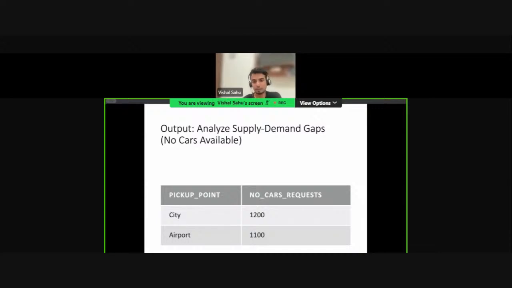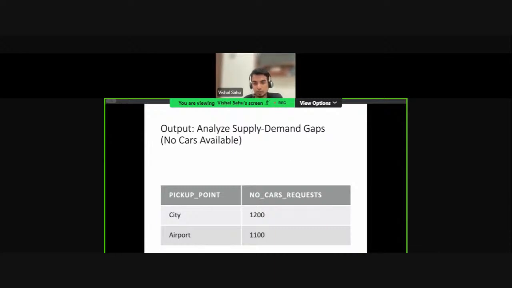In city we have more requests, so the numbers would be higher for city. In order to fill these gaps, we sometimes strategize on whether we need more riders, or need to incentivize our riders to pick up more requests. In that line we think about some solutions.